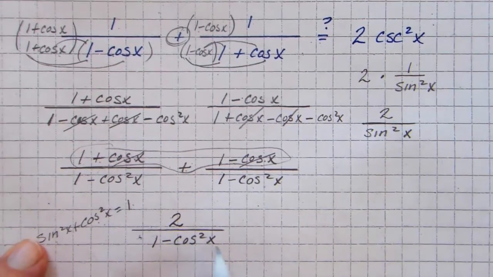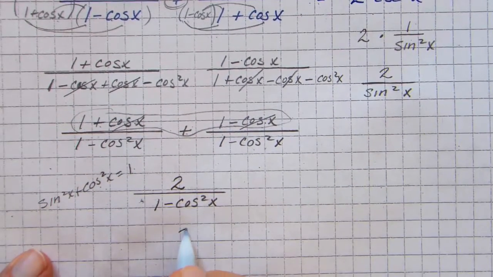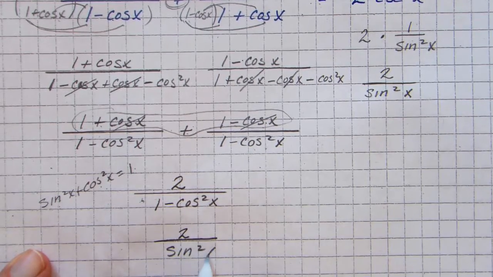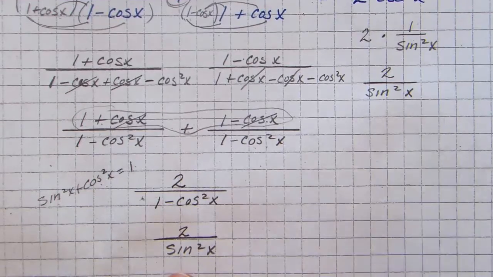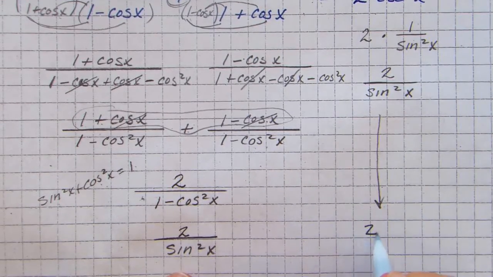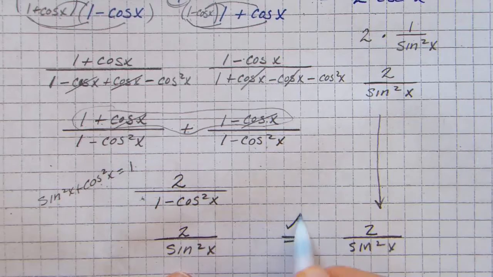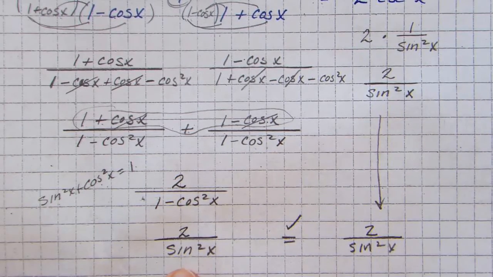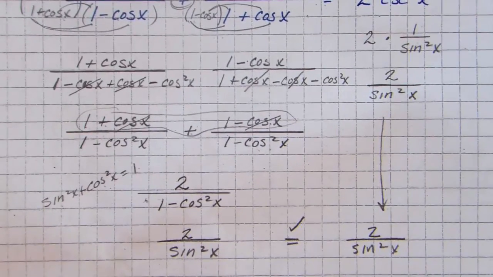So 1 minus cos squared can just be replaced with sine squared. And now we have it. So this side will just carry down: 2 over sine squared x. And now we can say, yes, we have verified the identity. We've shown that these two things really are equal.